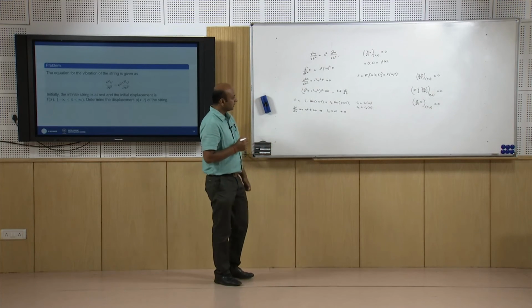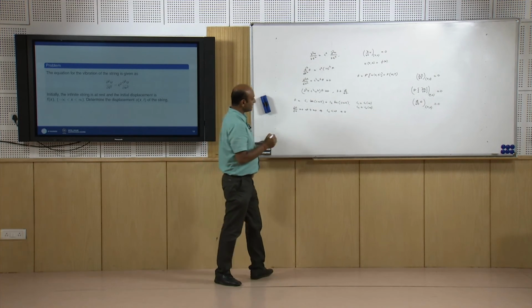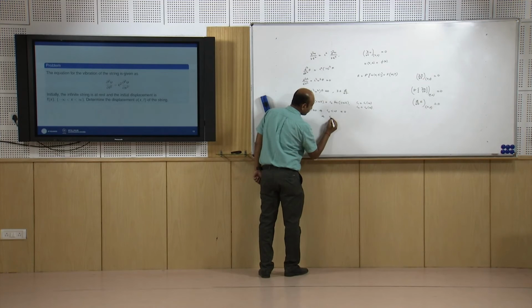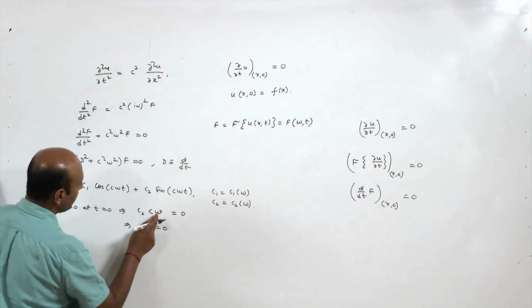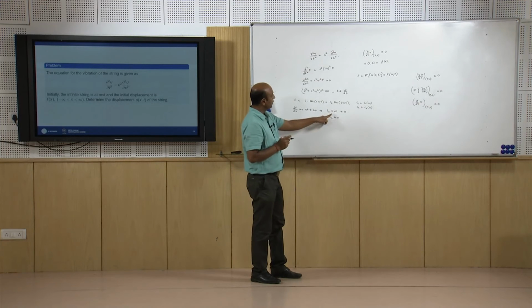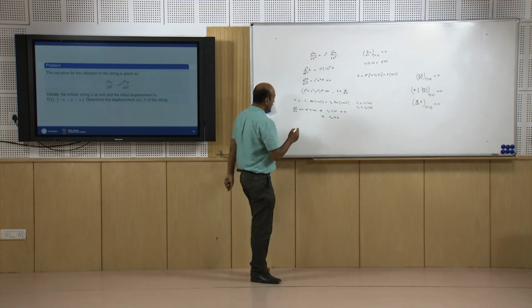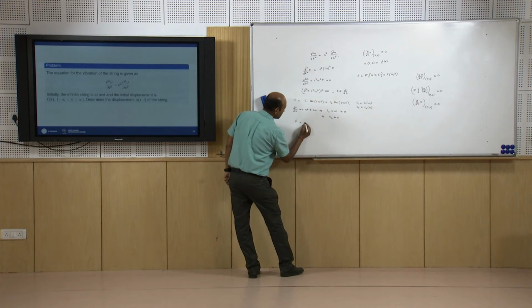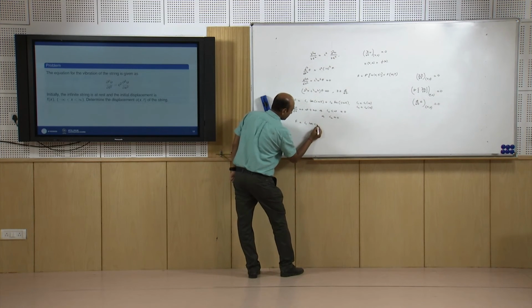This implies C2 equal to 0, because C1, c and ω are constants. c can't be 0 and ω can't be 0, so C2 is the only thing which can be 0. So F is nothing but C1 cos(c ω t).